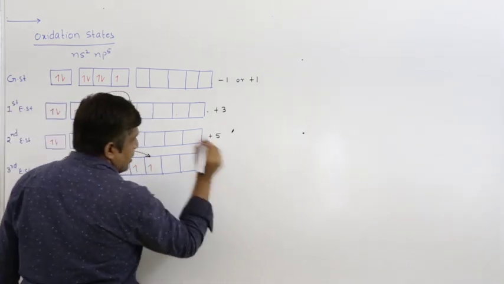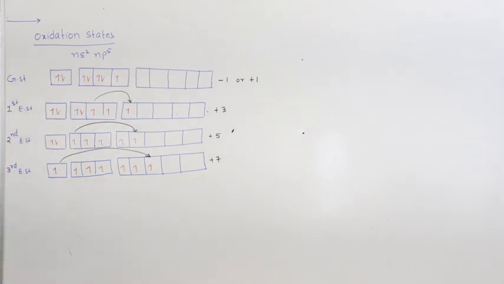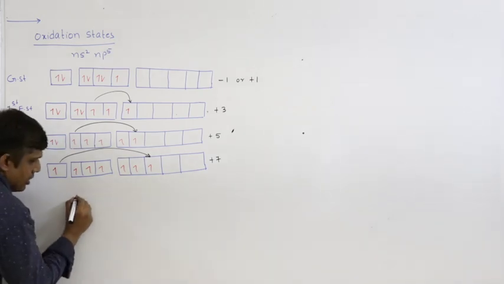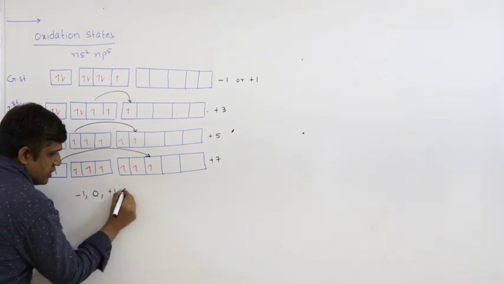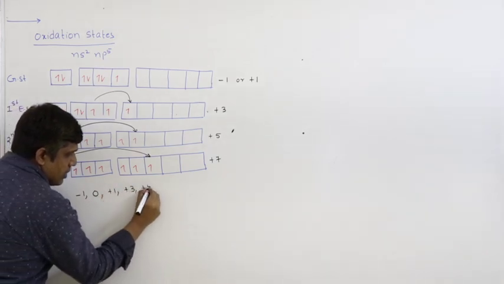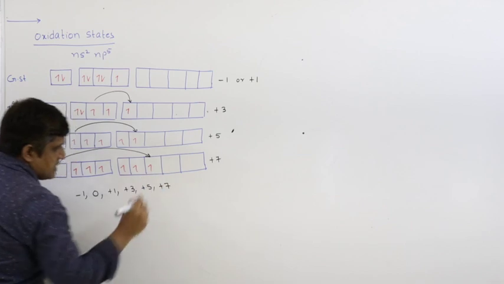The expected oxidation state should be +7. There are 7 unpaired electrons. So, what are the common oxidation states here? -1, 0 in the elemental state, +1, +3, +5, +7.